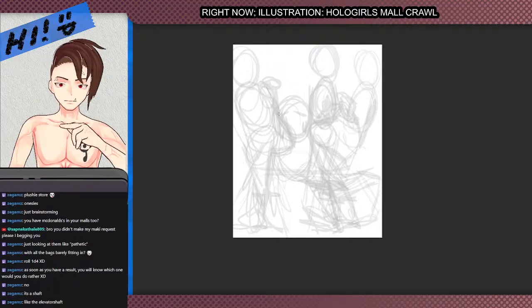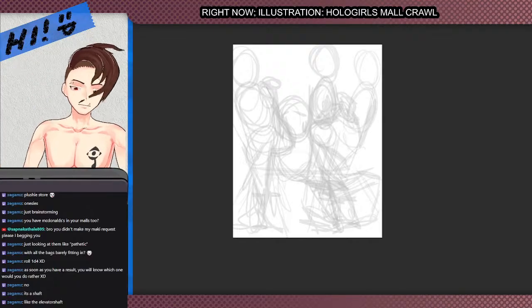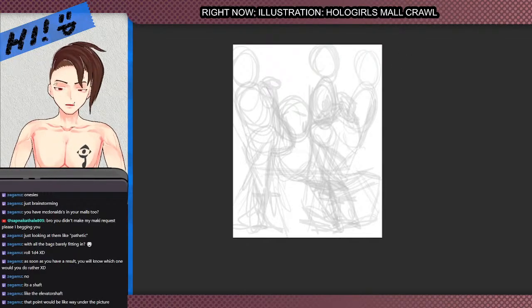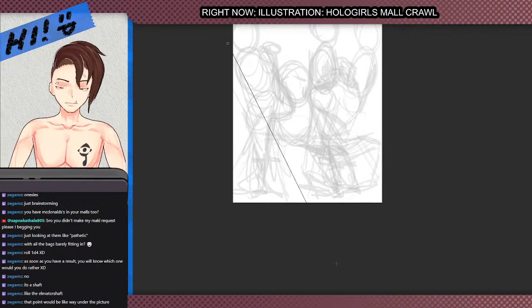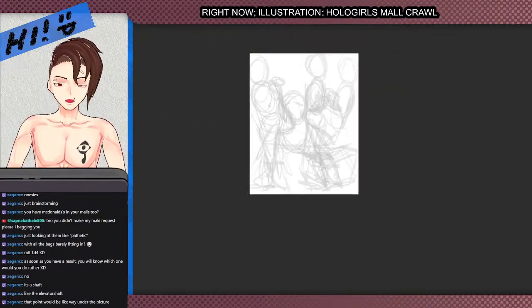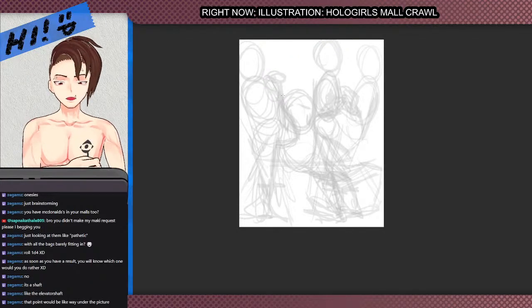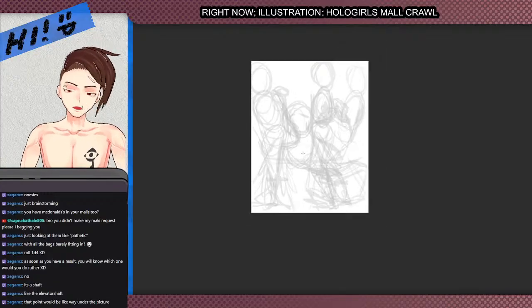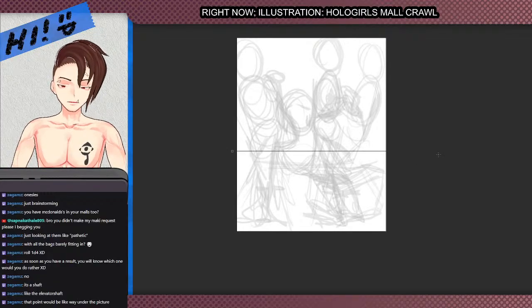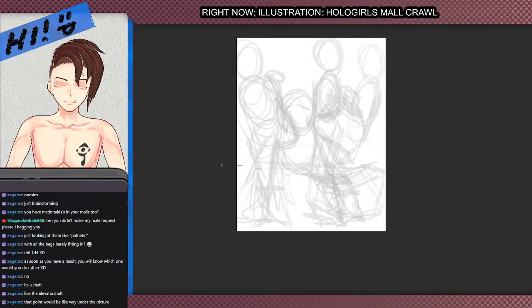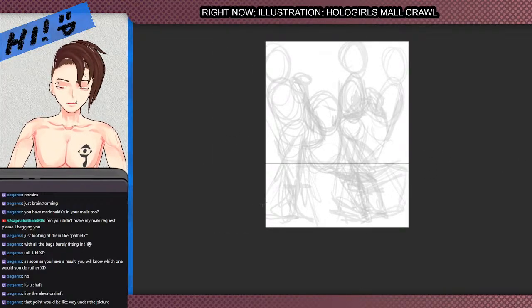Would it now, or would it not? That point would be way under the picture. Now I'm trying to rethink how I want this entire thing, because I want to still have some visibility on the girls. I guess like this.